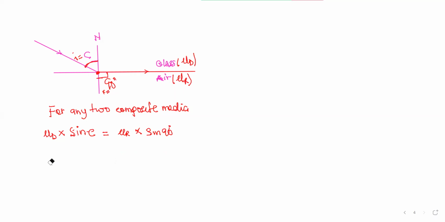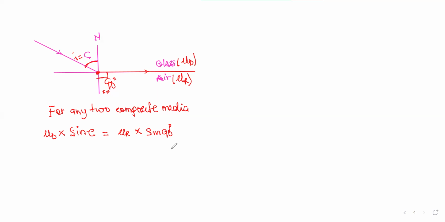Frank? So this is only when I is greater than C. No, we are not there yet. We are not at I is equal to C. The requirement is that to cause total internal reflection, you must first know the critical angle of the material.